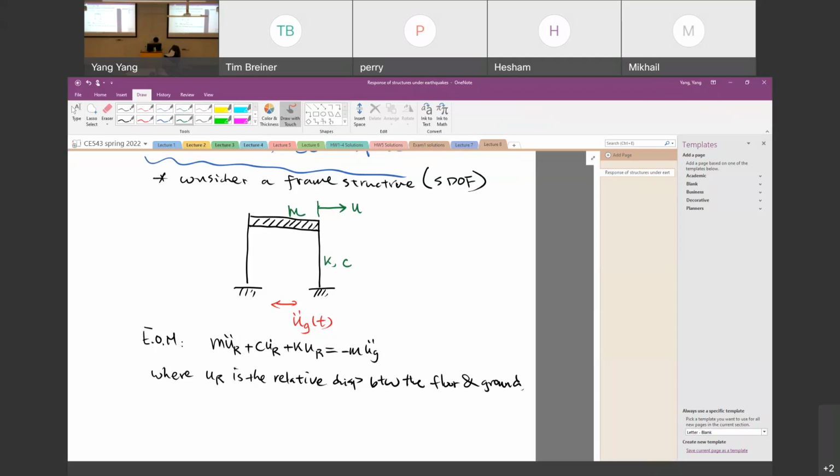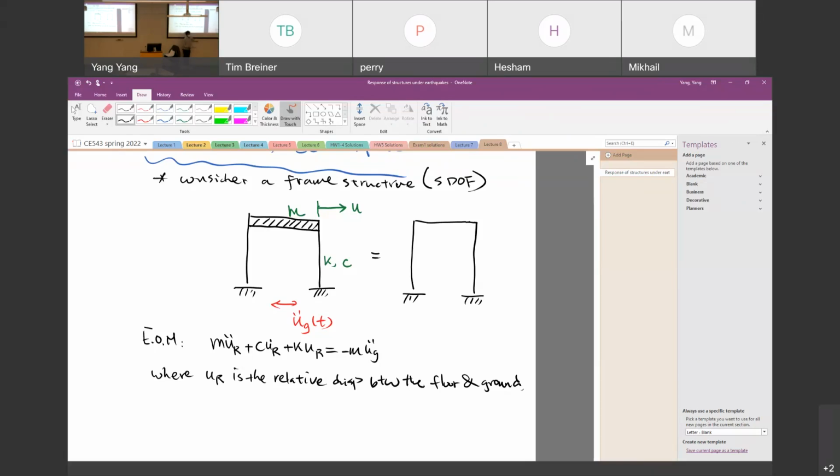The system is equivalent to a system where initially the structure is fixed to the ground and the ground has some acceleration and the structure is vibrating there. So the system here can be equivalent to a system where the ground is fixed.